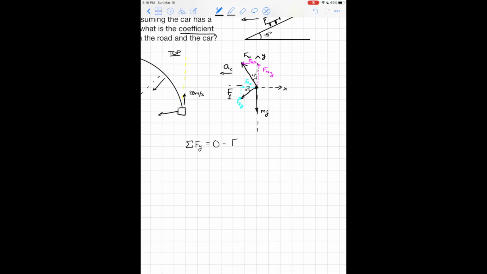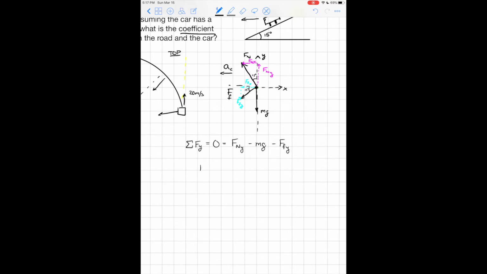And I know that Fny has to be then equal to mg plus our frictional force in the y direction, right? If I start to substitute this in a little bit, again, we're saying that Fny equals all this other stuff.